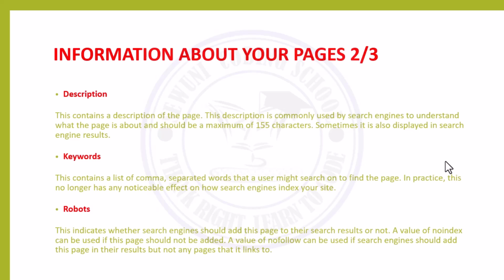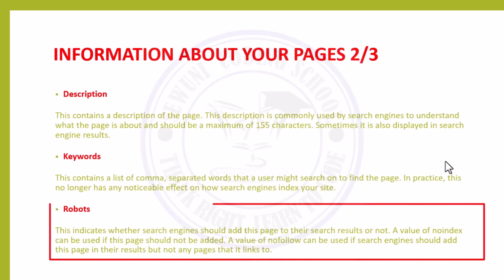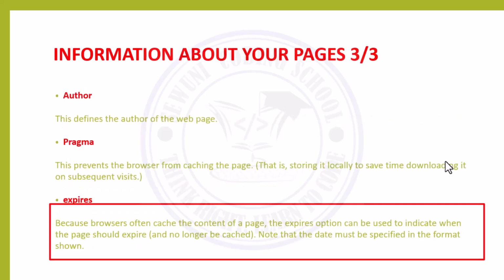What about robots? This indicates whether search engines should add this page to their search results or not. A value of noindex can be used if this page should not be added, and a value of nofollow can be used if search engines should add this page in their results, but not any pages that it links to.